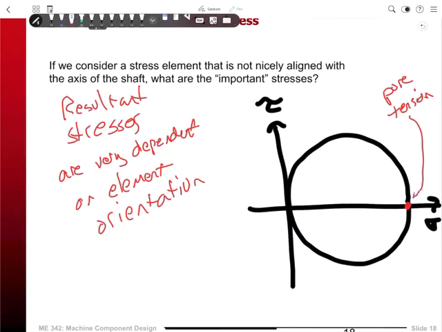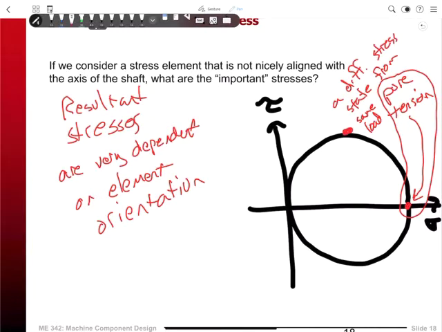Well, if I rotated it, right here, this is for the same loading. This is another stress state, a different stress state from the same load.